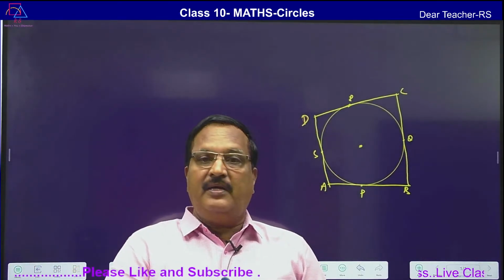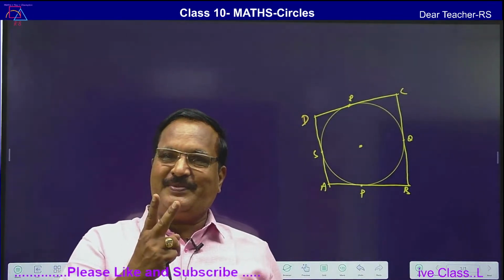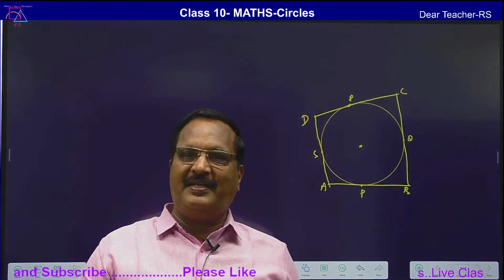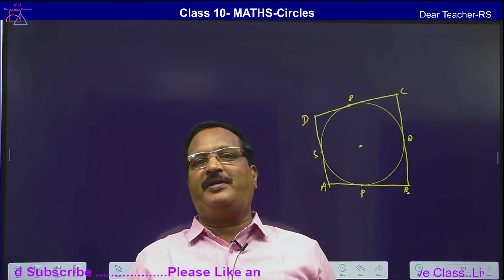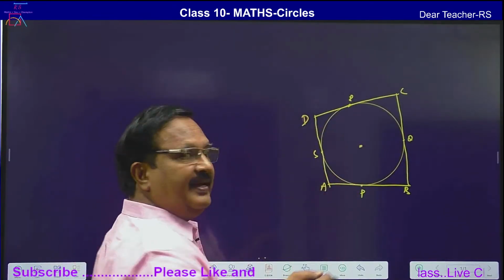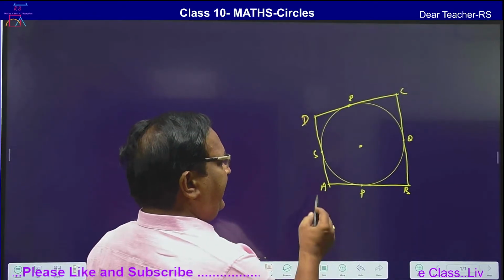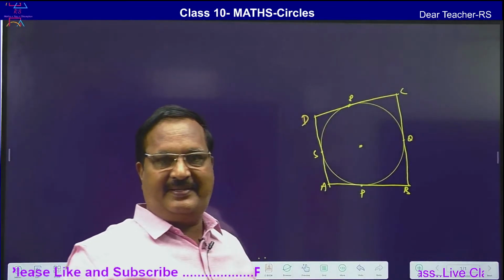Okay. So here we have only 2 theorems. Radius is perpendicular to tangent, and tangents from external points are equal. So A, B, C, D are external points. So AP is equal to AS, BP is equal to BQ, like that you can have it, right?